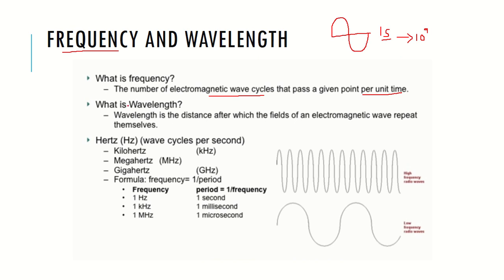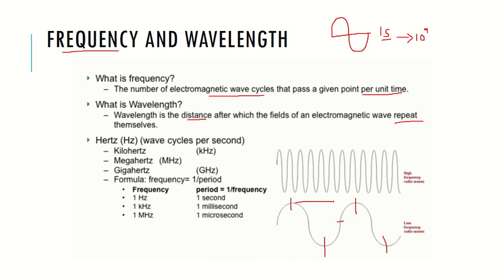Coming to the next definition, wavelength. Wavelength we usually define as the distance between either the two maximas or the two minimas. This definition holds quite good. Or in other terms, we can also say it is the distance after which the fields repeat. This wave is going to start repeating here. From here to this distance is one cycle, and this is the next cycle.